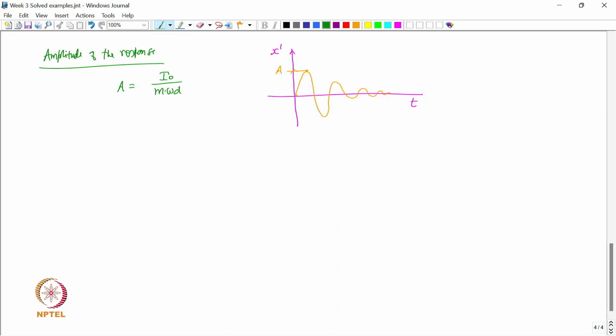So, therefore, now I naught is actually equal to f naught into T naught, and if I substitute these values, then I get 15 Newton second, right. Then other thing is omega n, which is under root k by m, and if I substitute the values of k and m, then I get 44.7 radians per second.